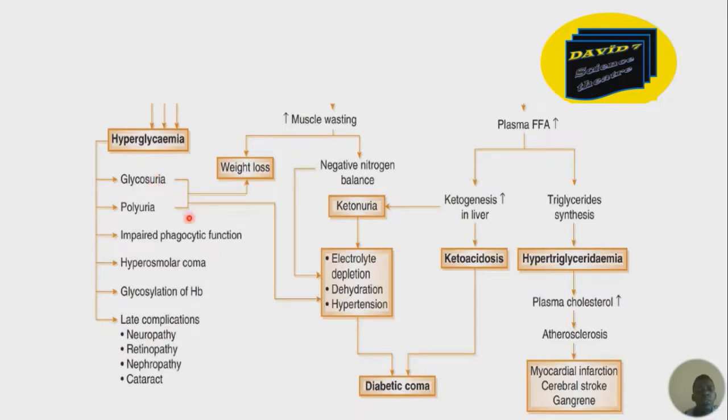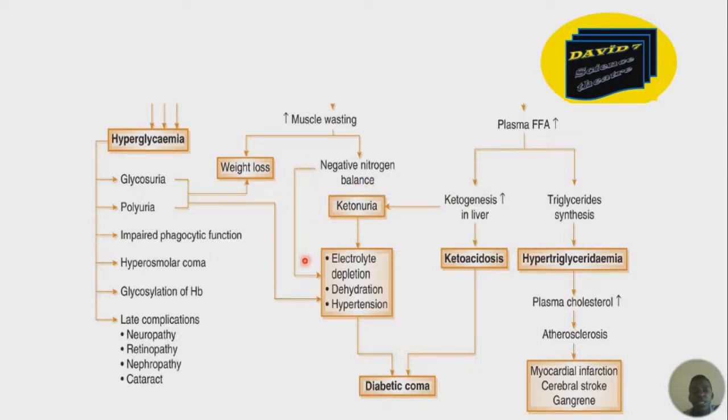So glycosuria and polyuria will cause weight loss because we are losing calories, so the weight reduces. This is also caused by wasting of the muscles due to increased gluconeogenesis using amino acids. That causes negative nitrogen balance due to muscle wasting.